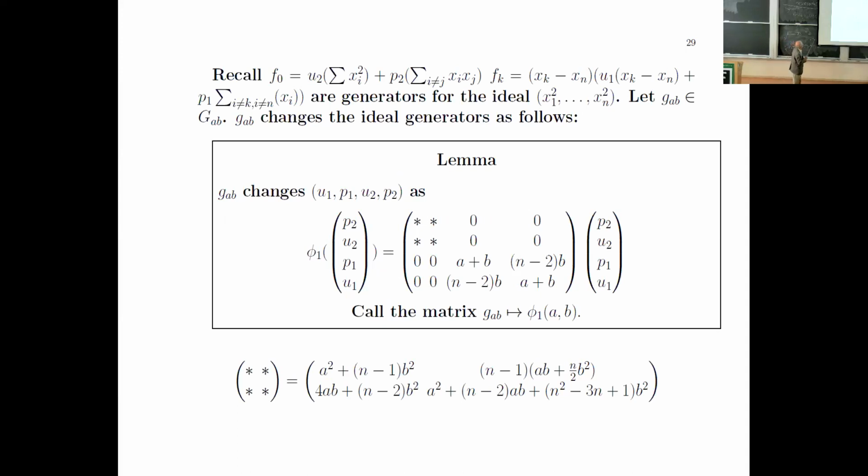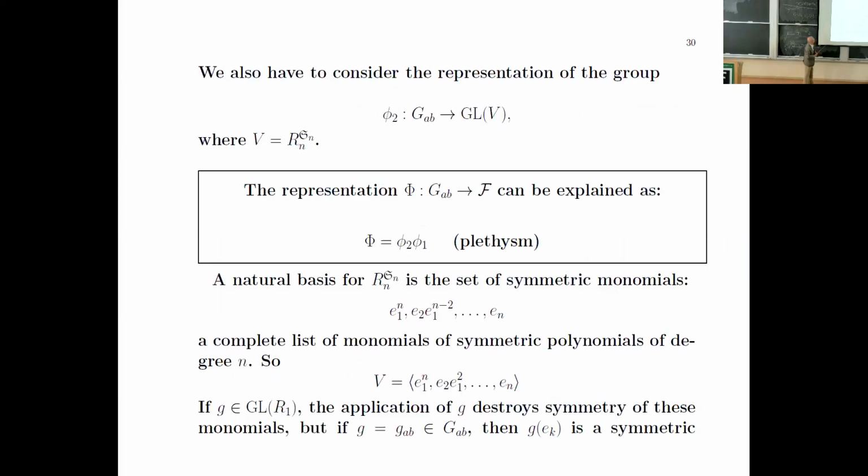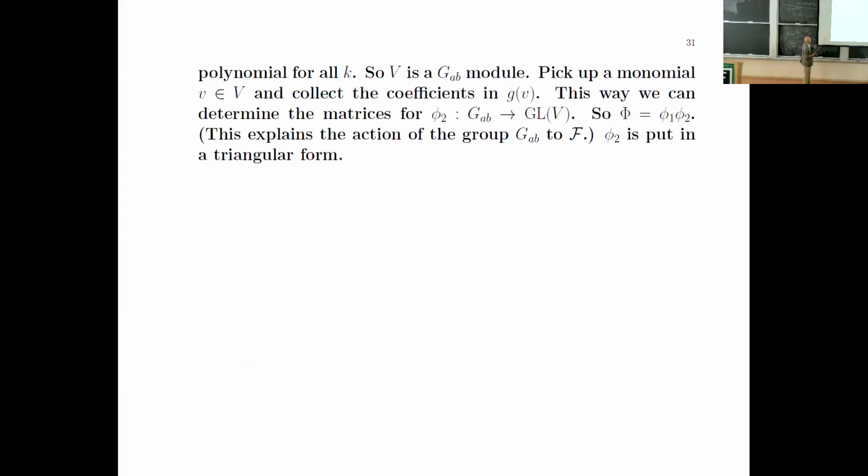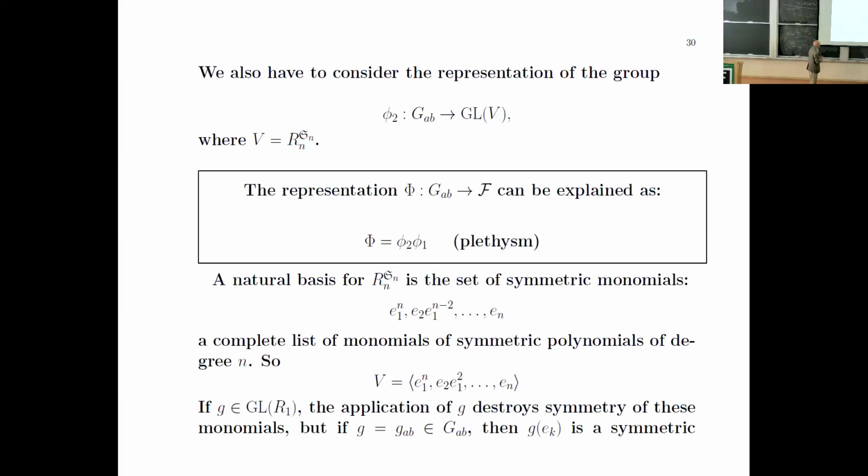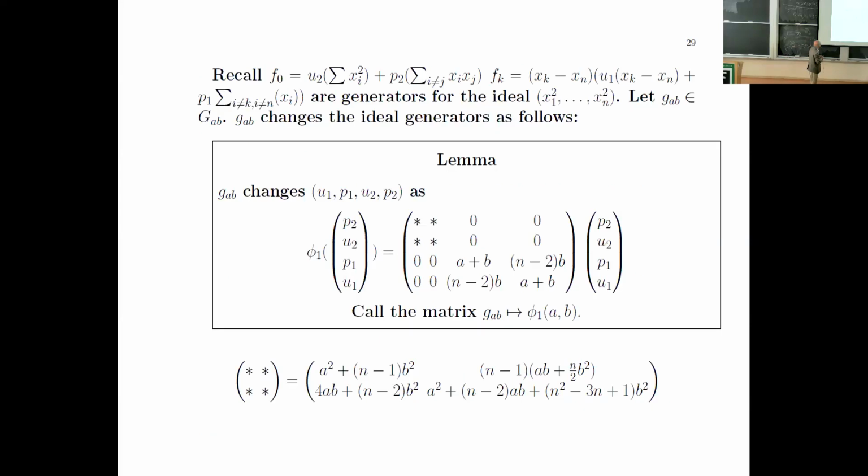Recall that F0 is defined this way. It's anyway an invariant form. And I want to consider how this linear transformation, G_AB, changes these parameters, these coefficients.